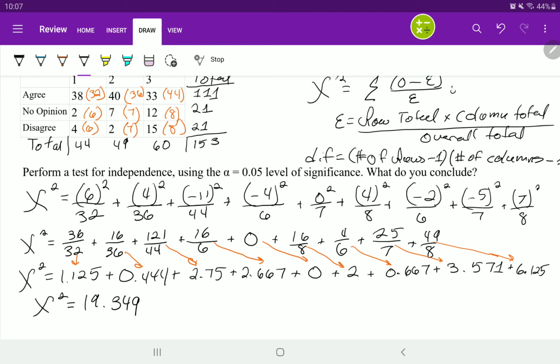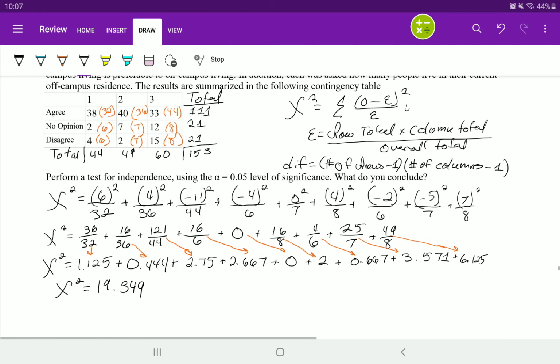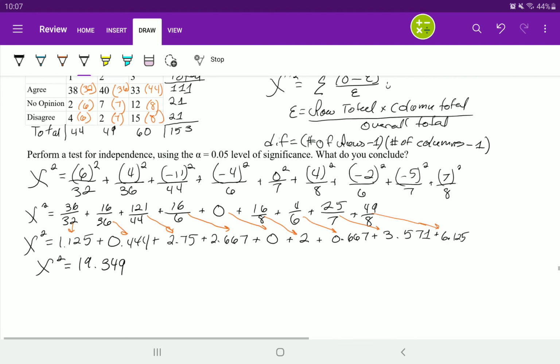All right, guys, let's go into our 5 steps hypothesis testing. We already know this is a chi-square test for independence.